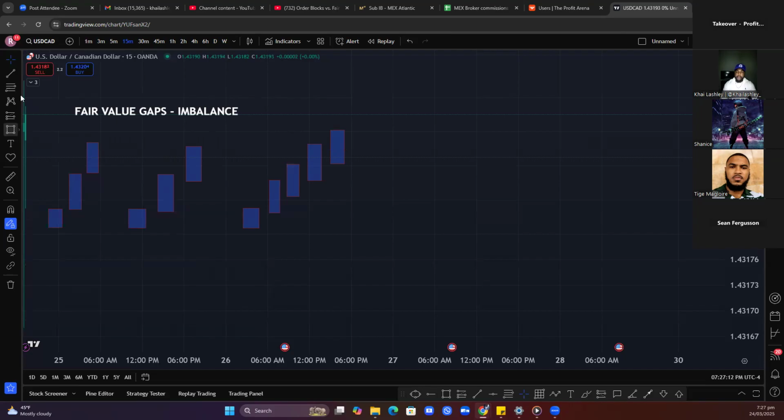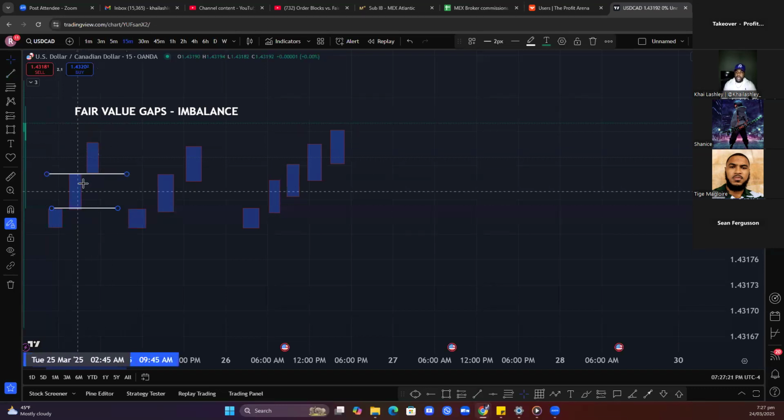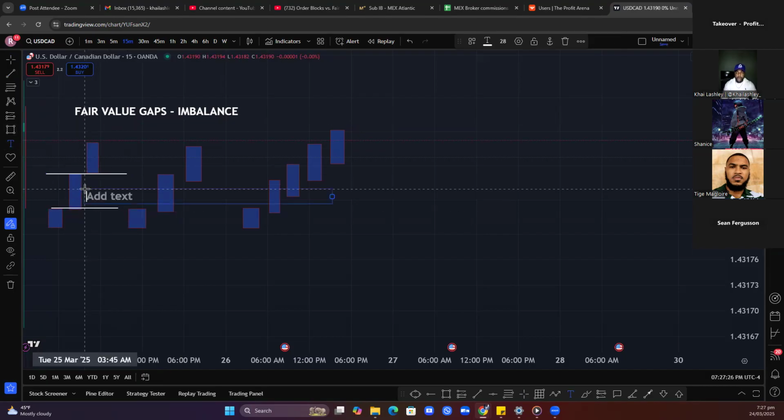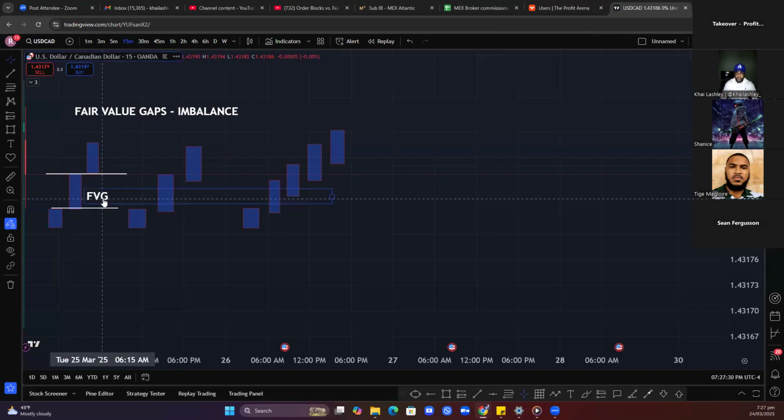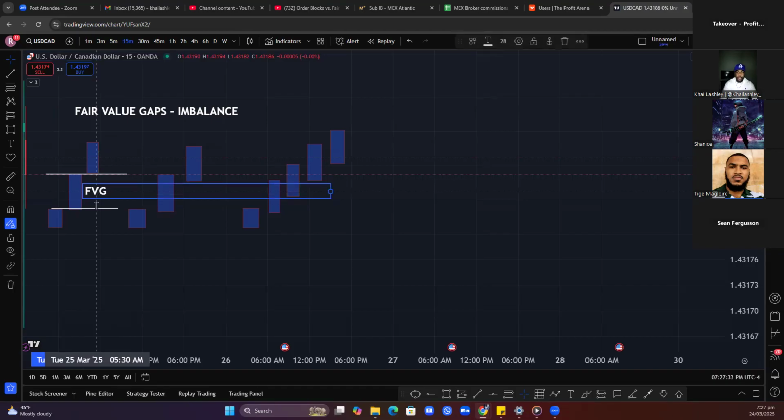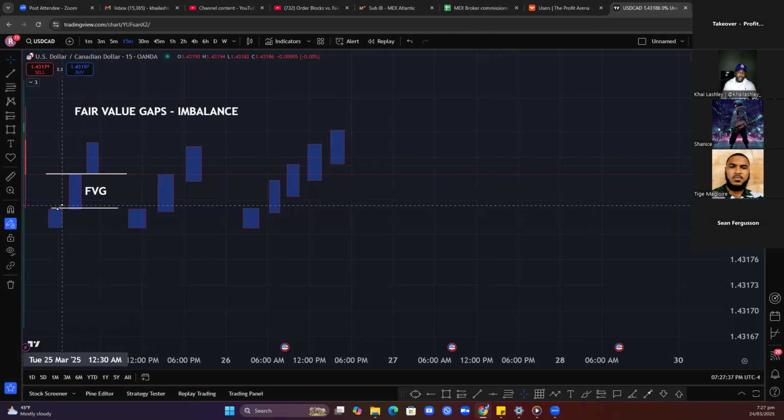All right, so imbalance. We know the different areas of imbalance. So for example, here, this area from here to here would basically be our imbalance, our fair value gap. So we've got literally just one big area representing the gap in the market, from price right here to price right here. I'm trying to keep it as simple as possible at this point.